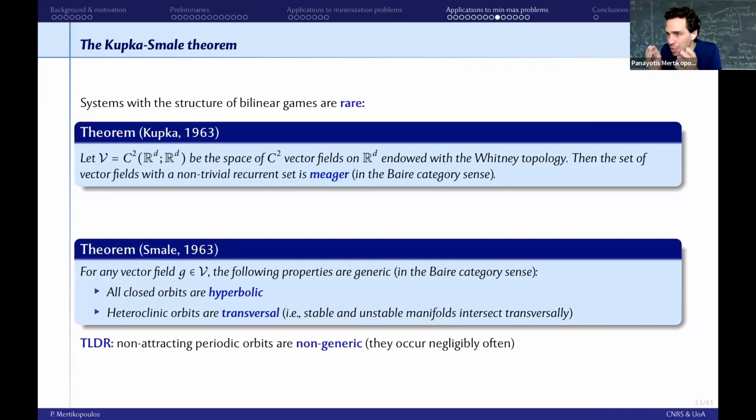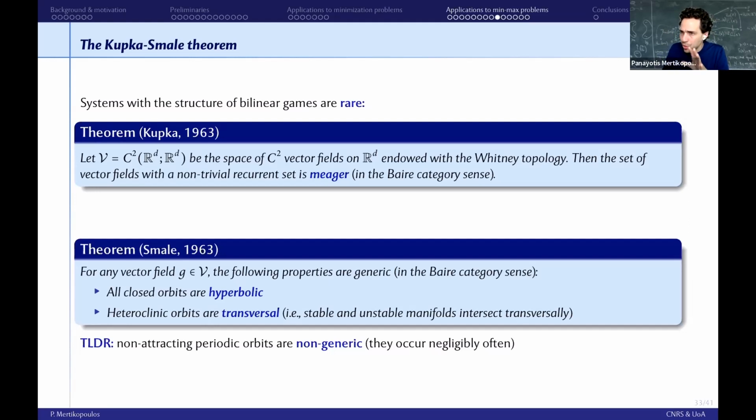The behavior that we see in bilinear problems is not at all typical of general non-convex, non-concave problems. All right, the justification of this relates to a twin theorem by Kupka and Smale, which is a very deep theorem in dynamical systems. But I don't want to expand too much on this. I'll be very happy to discuss this in the question part later.